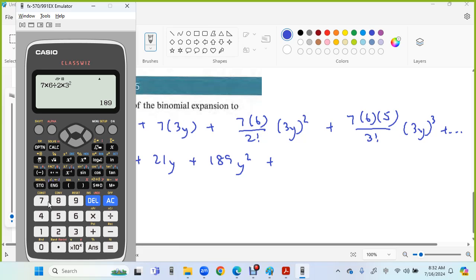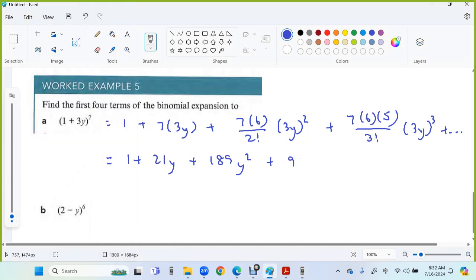And then 7 times 6 times 5 divided by 3 factorial times 3 cubed, which is 945y cubed, and so on. So this one is the n and then x, this one is n(n minus 1) over 2 factorial times x squared, then n(n minus 1)(n minus 2) over 3 factorial times x cubed. And the x here is the 3y.